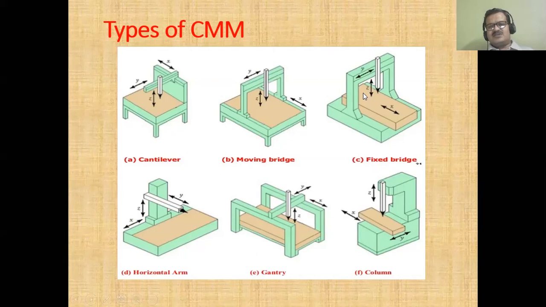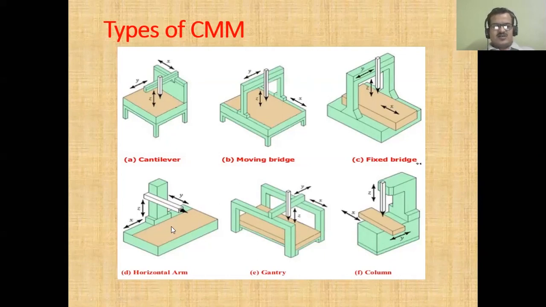Here the bridge is not movable. In the moving bridge, for X movement, the complete bridge is being moved, but here the work table is being moved. The fixture on which the work part is mounted is being moved. Other things remain the same.